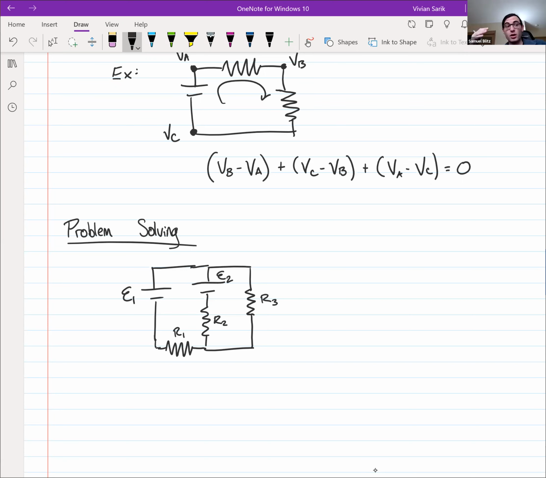There are EMFs here and resistors, so there's going to be some current here, and what that current is will depend on what the resistance is and what the EMFs are.